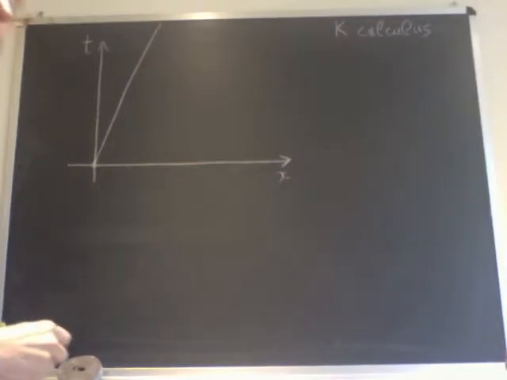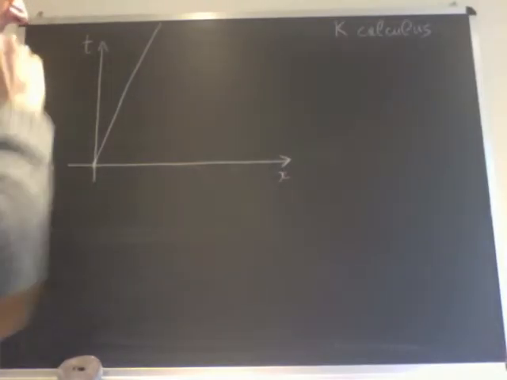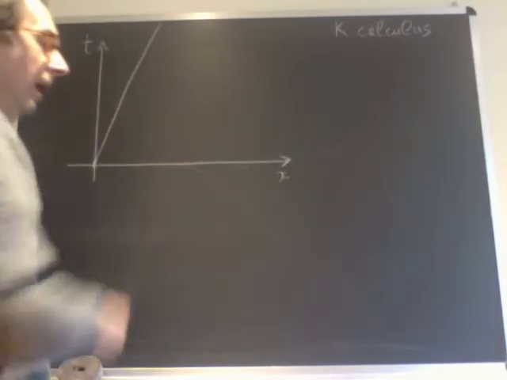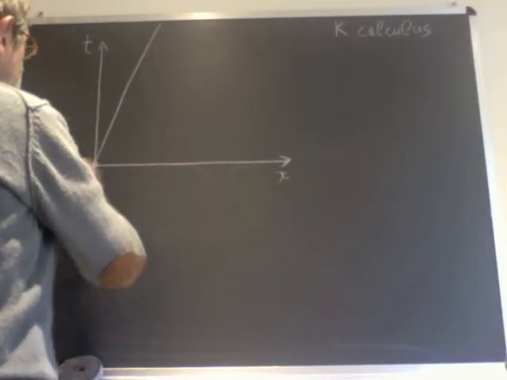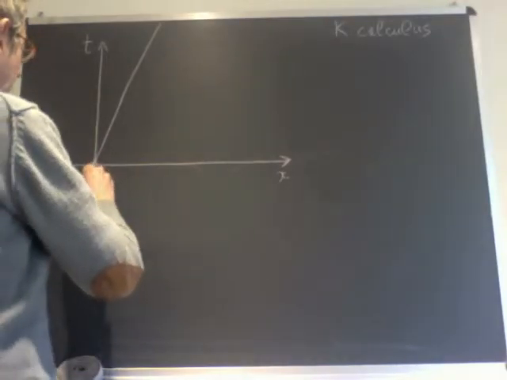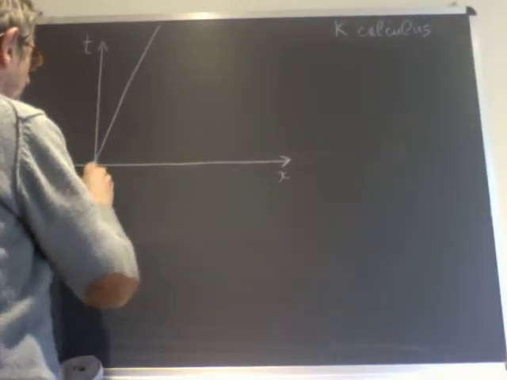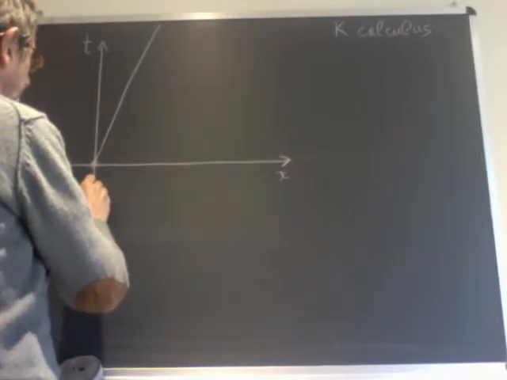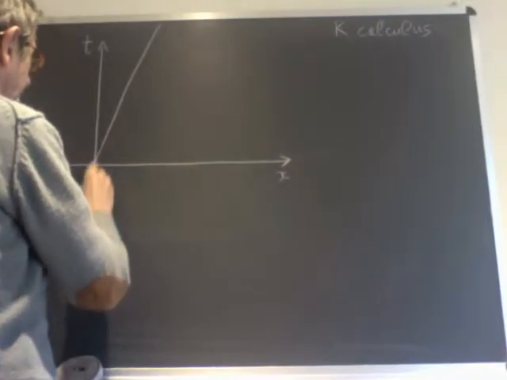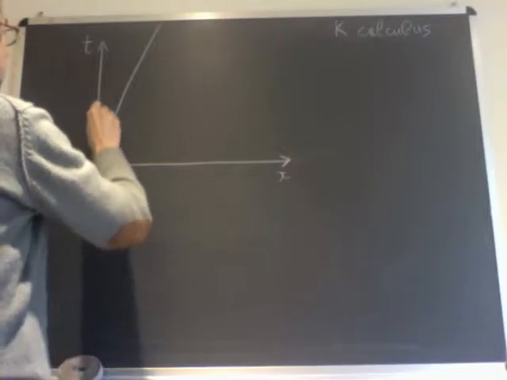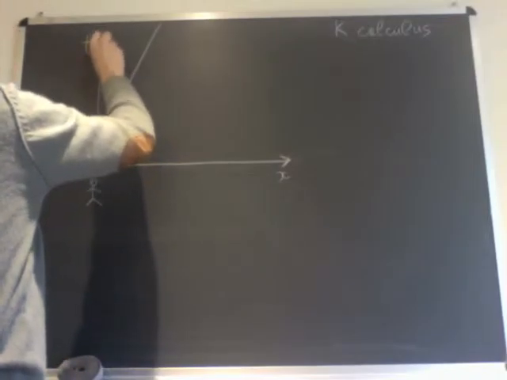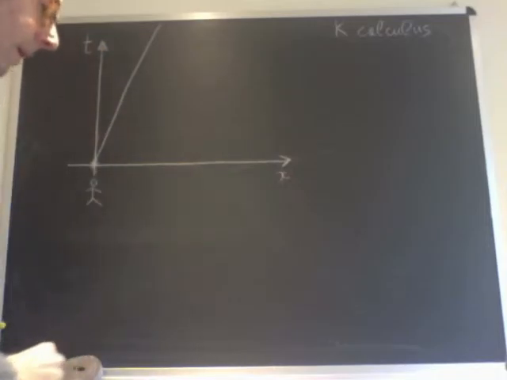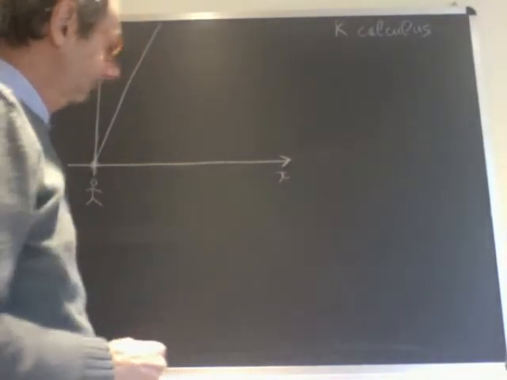Okay, suppose that this refers to our rocket moving in space. The world line of a man on the surface of the Earth is just this one, the vertical line corresponding to the time.